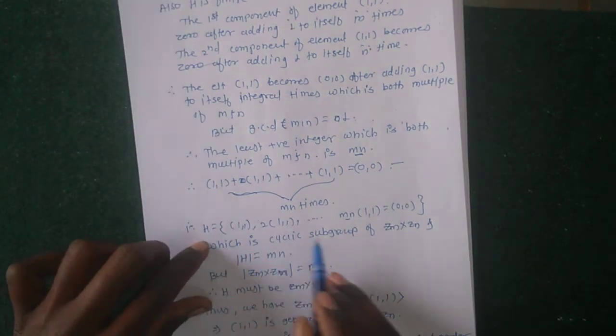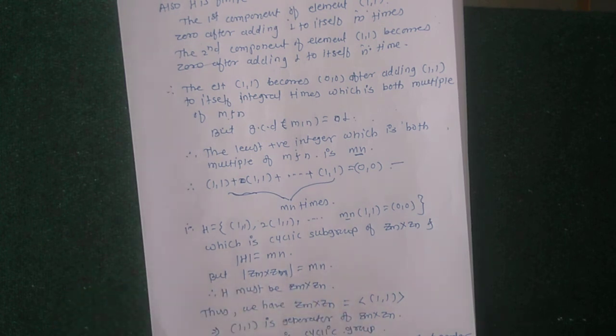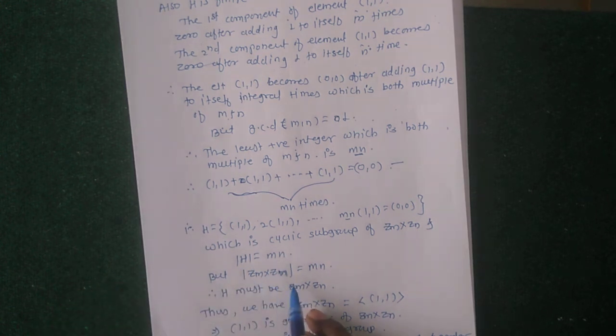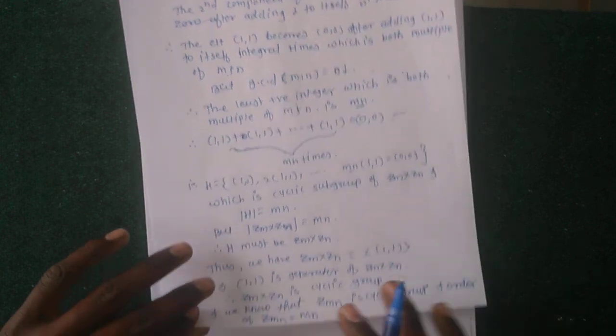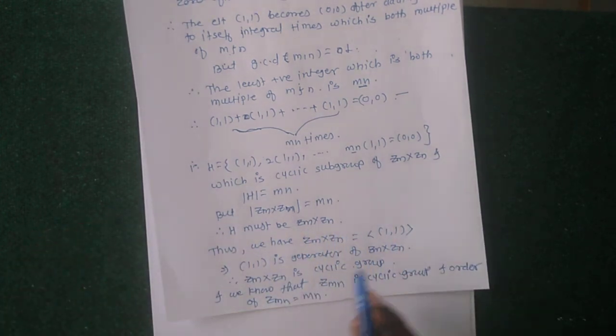This means H contains mn elements, and Zm cross Zn also has order mn, and H is a subgroup of Zm cross Zn with the same order, which implies that H must be Zm cross Zn. The subgroup is equal to the group. Therefore Zm cross Zn has a generator (1,1), which means Zm cross Zn is a cyclic group.